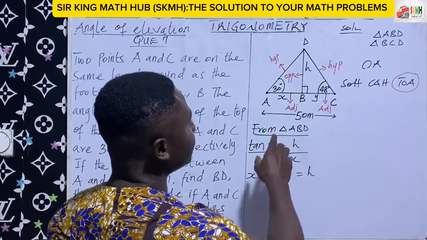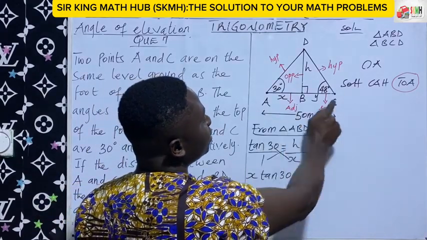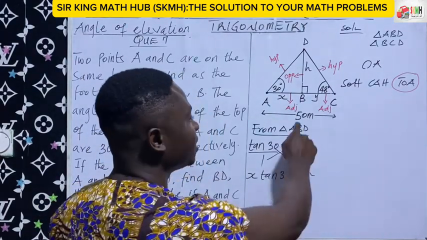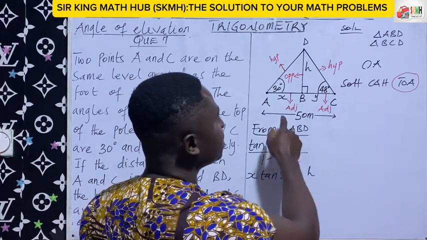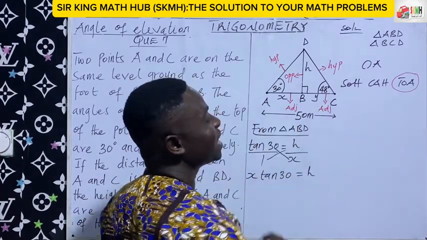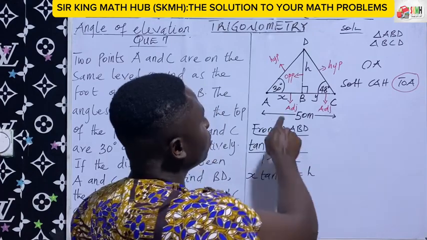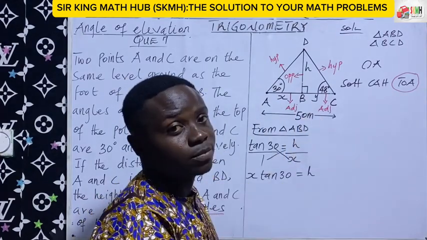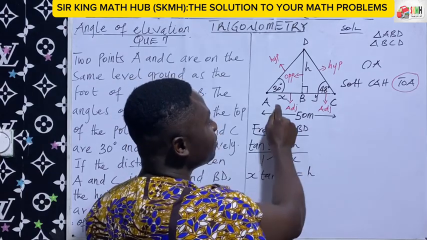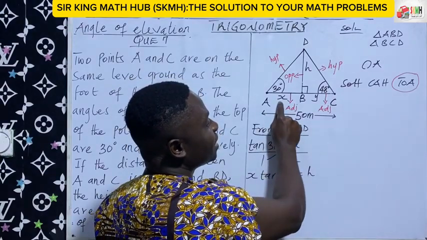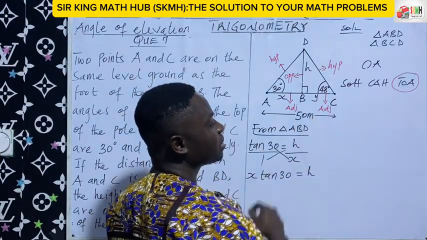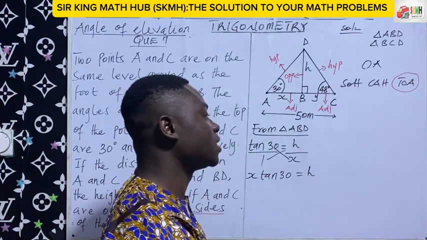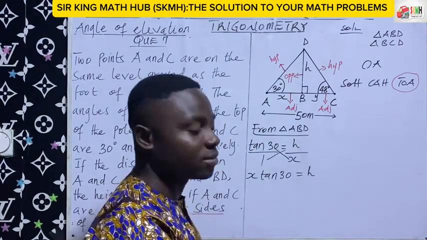We were told that the distance from A to C measures 50 meters, and we could also see that the distance from A to C has been divided into two, one part measuring X and one part measuring Y. So when we sum up the distance X and the distance Y, that should give us the 50 meters. That's why we are making X the subject.